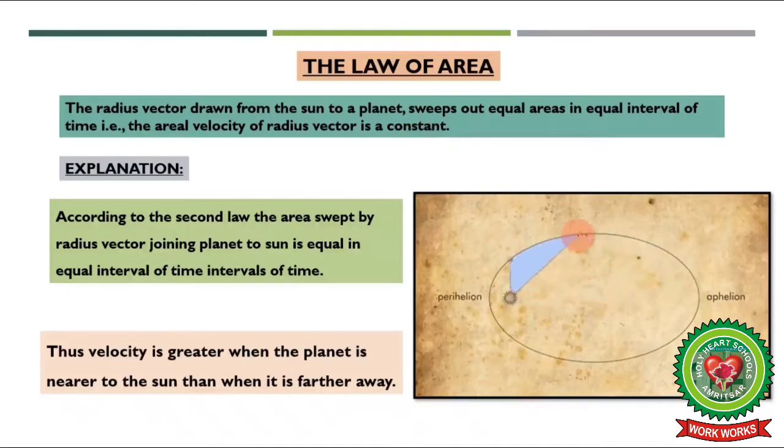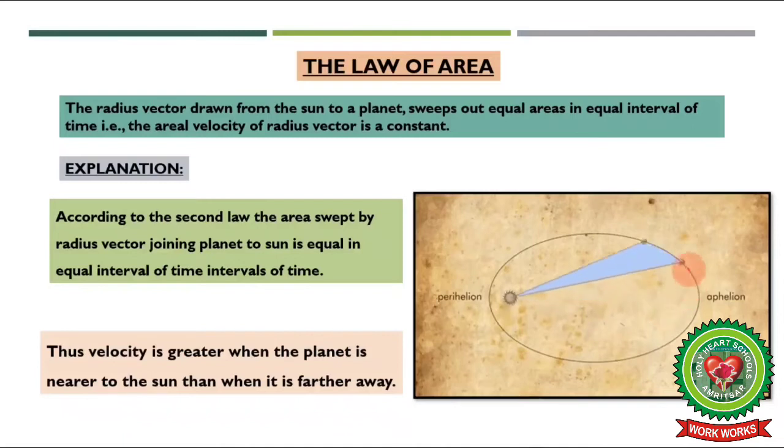According to this law, this white portion is called the area swept by the planet. And according to Kepler's second law, the planet sweeps equal areal velocity, meaning it travels equal area in equal intervals of time.